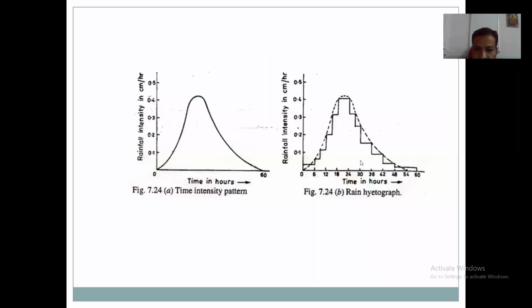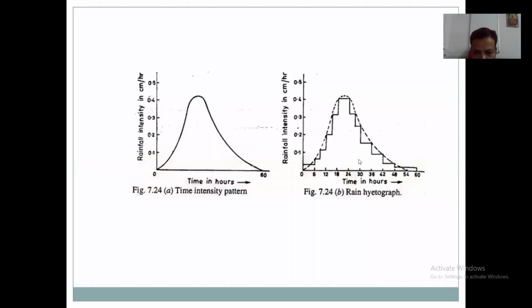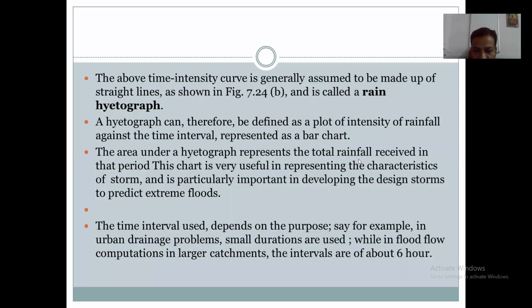From this we get the idea what is the characteristics of the storm for a particular duration. So it is very useful for designing storms. It is important in developing the design storms to predict the extreme floods, to design the floods. For this purpose, these rain hyetographs are very necessary.